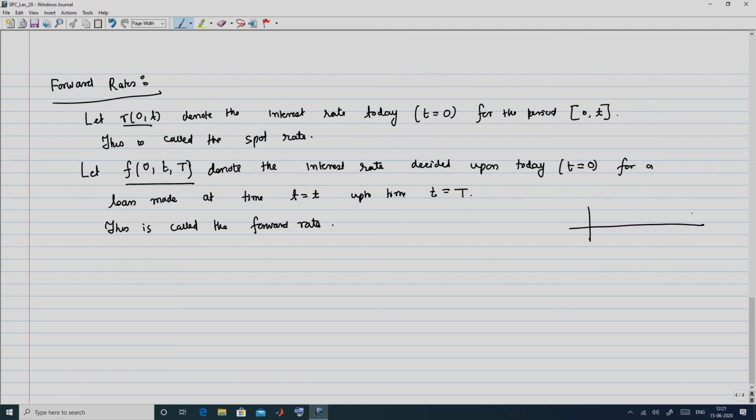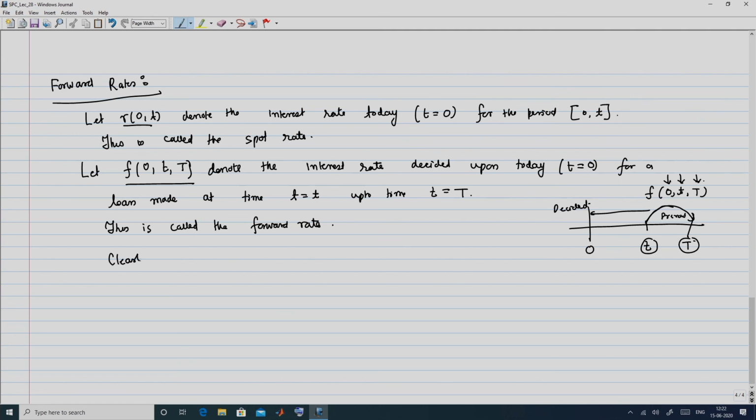So, just to put things in perspective, we have this time today at 0, and at time 0 we decide on the rate for a loan that is going to be applicable from time small t to time capital T. So, the interest rate is going to be applicable from small t to capital T, but the rate is fixed at time t equal to 0. So, the interest rate will prevail in this period, but this will be decided at time t equal to 0.